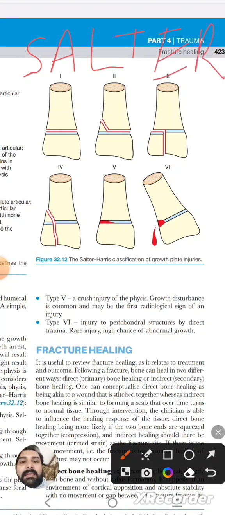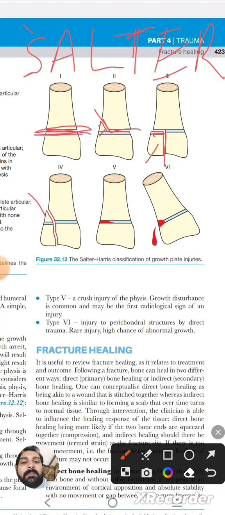First, S for straight. When the fracture line passes straight, it is type 1. A for above. When the fracture line passes above into the metaphysis and there is a metaphyseal fragment, it is type 2. L for low. When the fracture line passes below the physis and there is an epiphyseal fragment, it is type 3. T for through.